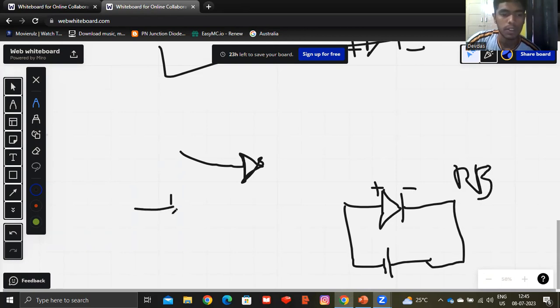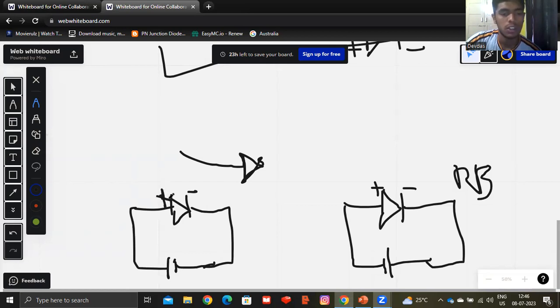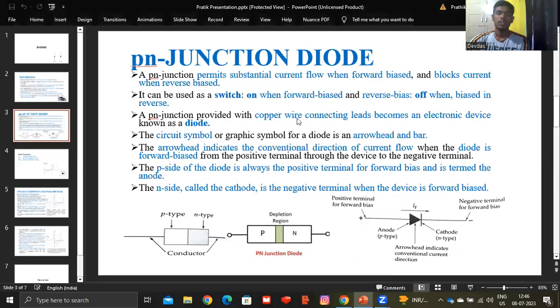And when the diode is connected to a circuit where the positive side is connected to the positive terminal of a battery and the negative side is connected to the negative side of the battery, this is termed forward bias. So when a circuit is in reverse bias, it acts as an open switch.